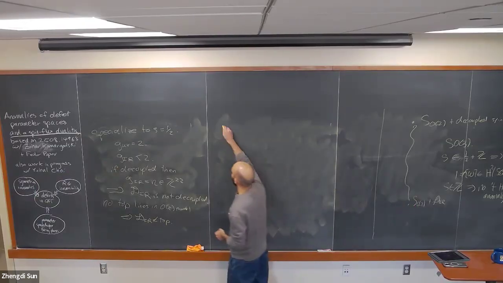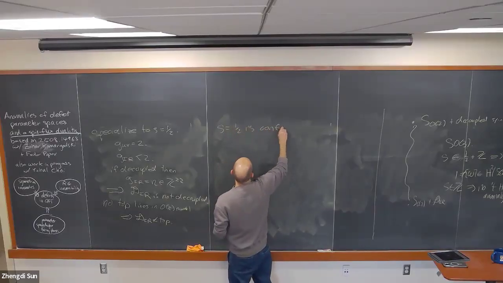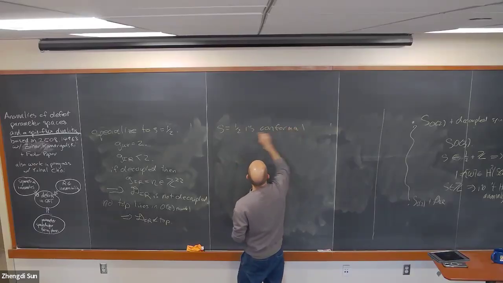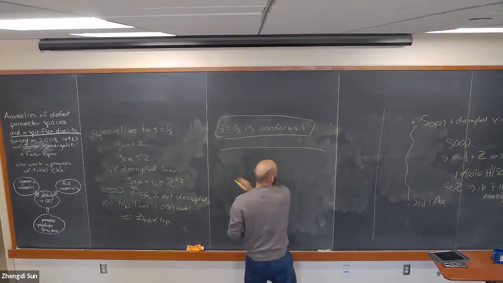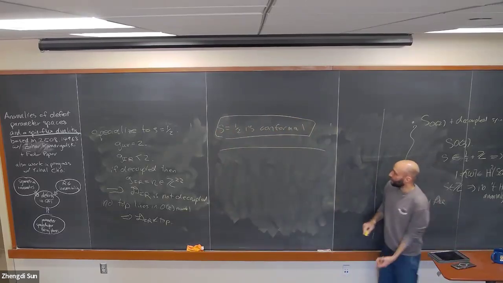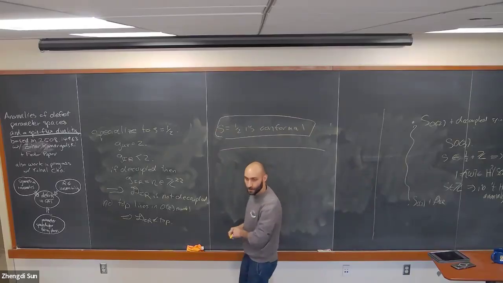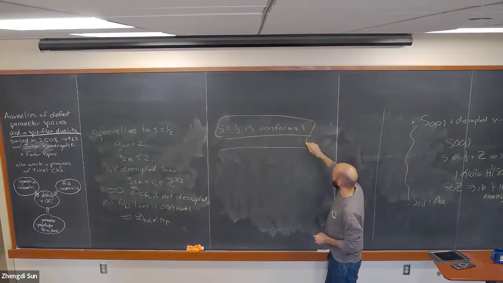Okay, good. I want to tell you about one more thing. Check numerically. Good. This defect is sometimes called the halon.